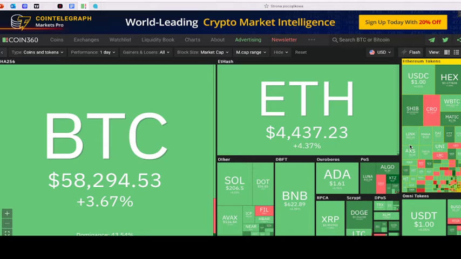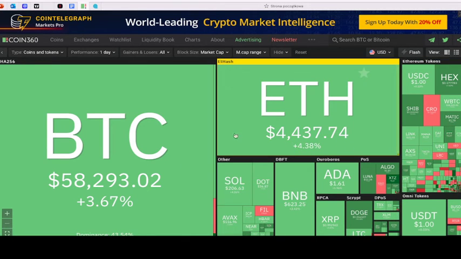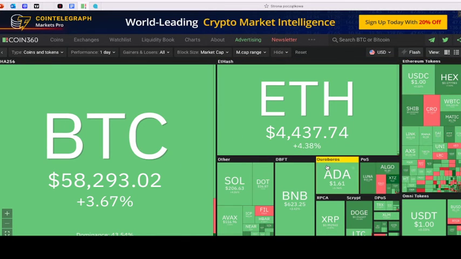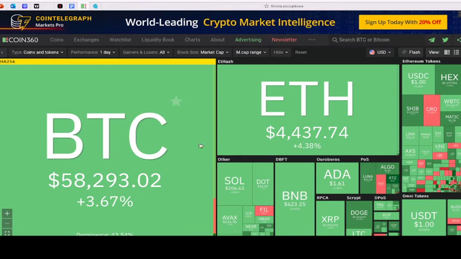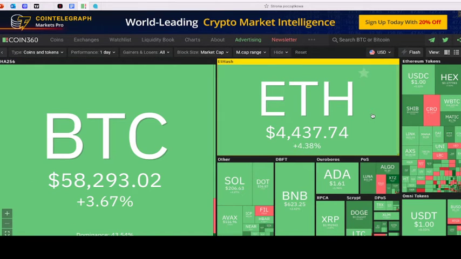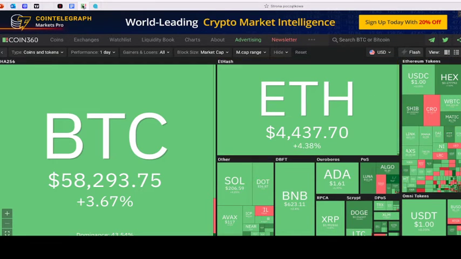So nice to see green color almost on all of the altcoins. I hope we will be really long time now.